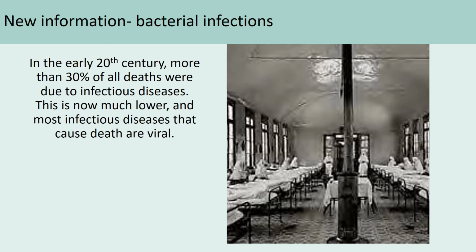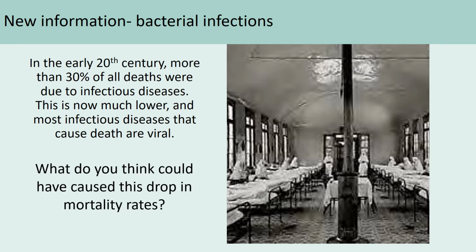And most of the infectious diseases that people tend to die of now, and not just because of the current pandemic, but in general, are viral diseases as opposed to bacterial ones. So what do you think has caused the drop in mortality rates? Why is it that many fewer people will die from infectious diseases now compared to the early 20th century?